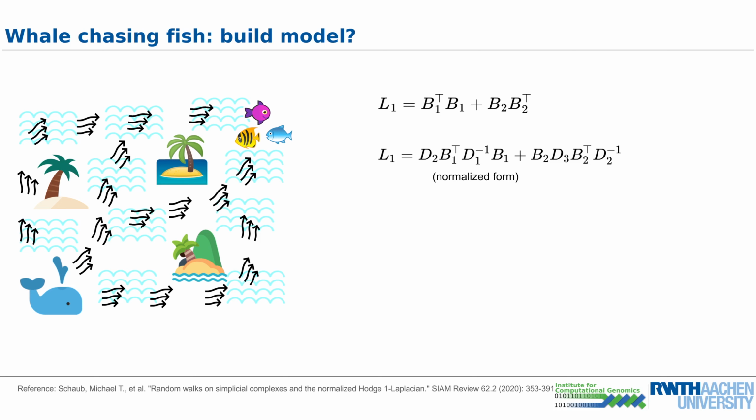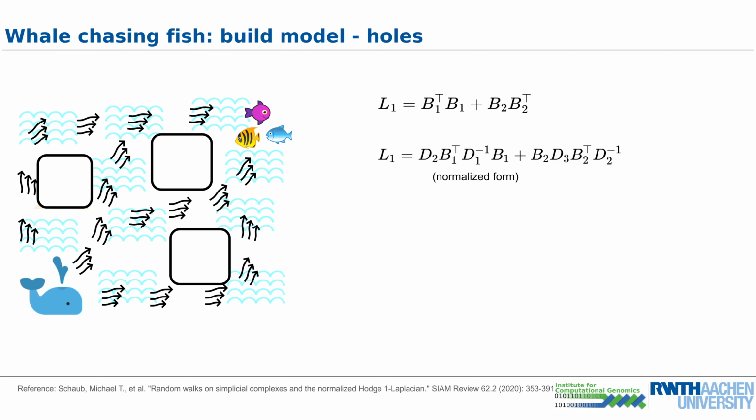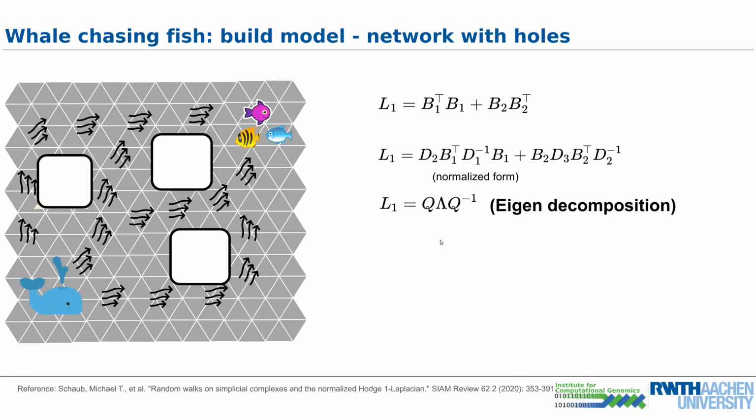So these islands can be taken as obstacles, so we can place holes in here, and then we can create a network. So then we can decompose L1 to get the information of this network.